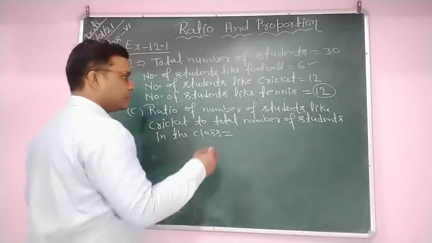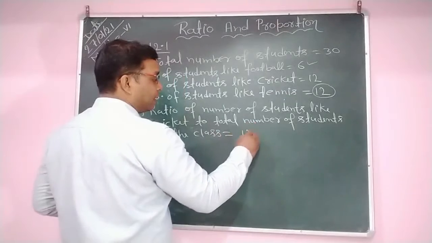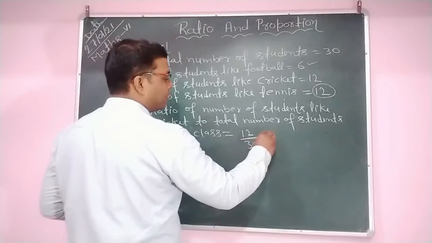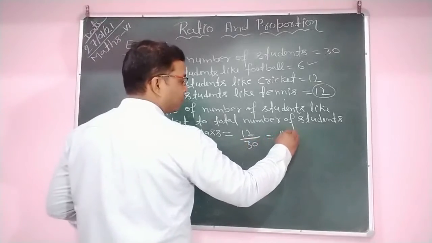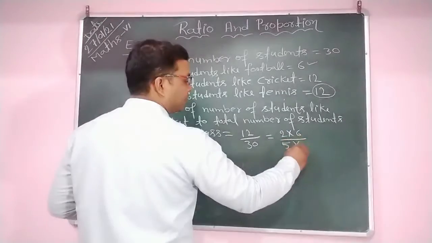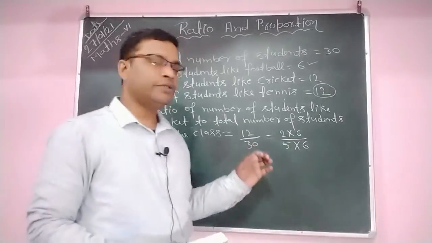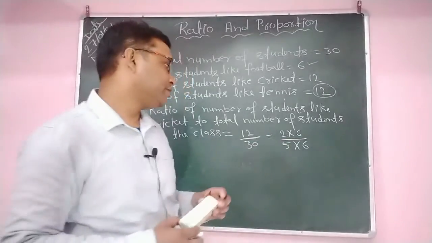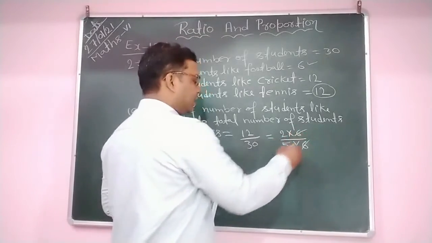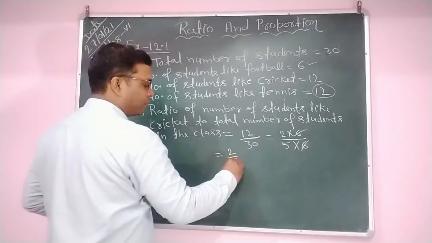So here the number of students who like cricket is 12, and the total number of students in the class is 30. You can write it as 2 into 6, this is equal to 12, and 5 into 6, this is equal to 30. Clear? So here students you can see in both numerator and denominator 6 is common, so you can cancel it, and then we get 2 by 5.